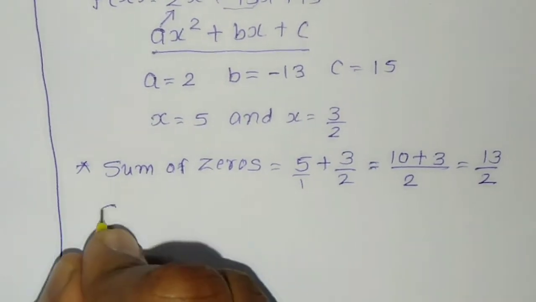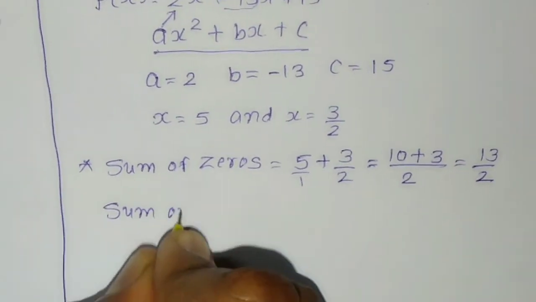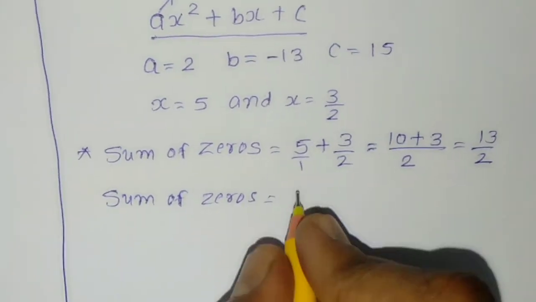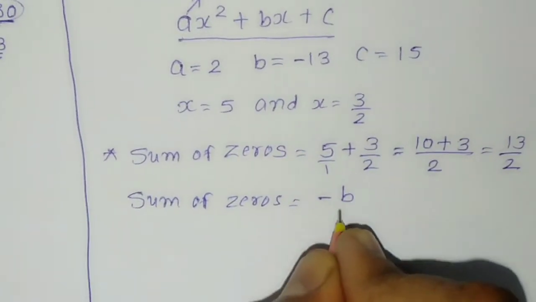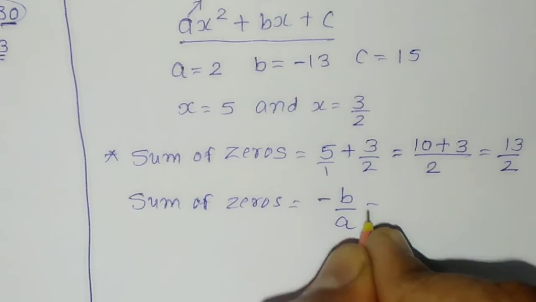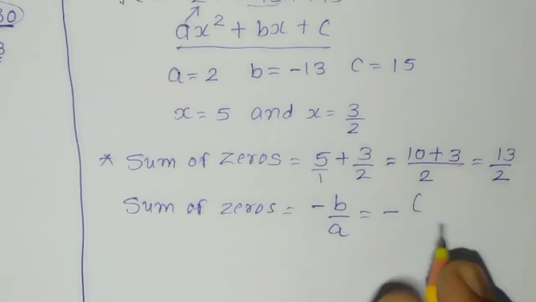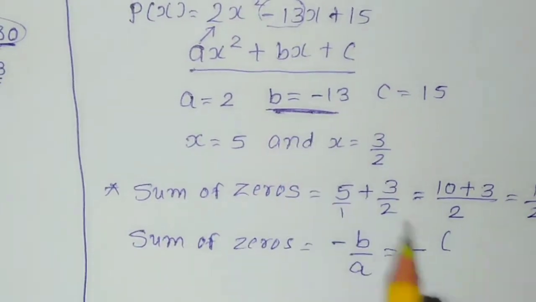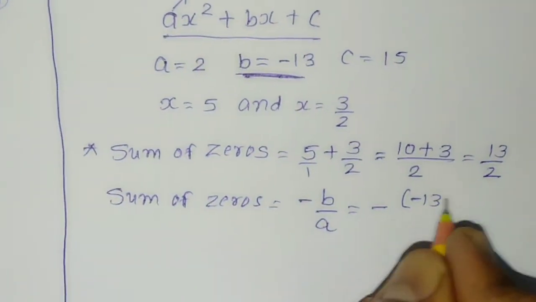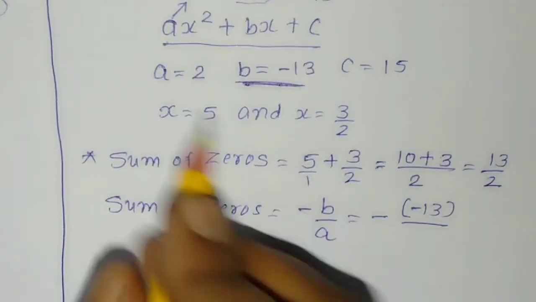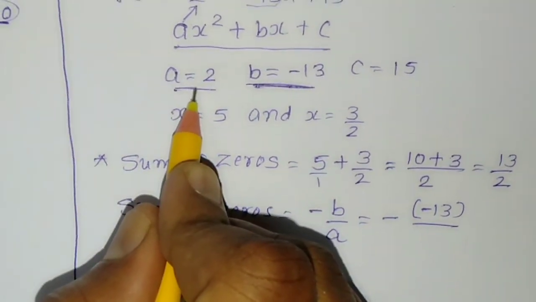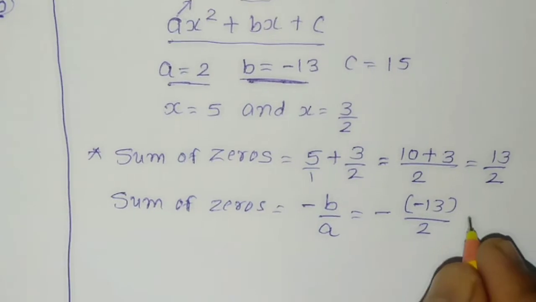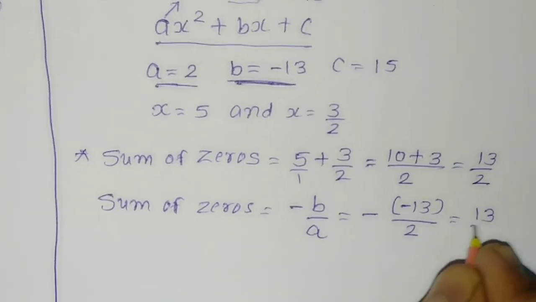As per the formula, we know the sum of the zeros is minus b upon a. What is the value of b? Let us see here. b is equal to minus 13, so we keep minus 13 upon a. What is the value of a? a is equal to 2, so we keep 2. Minus into minus turns to plus 13 by 2.